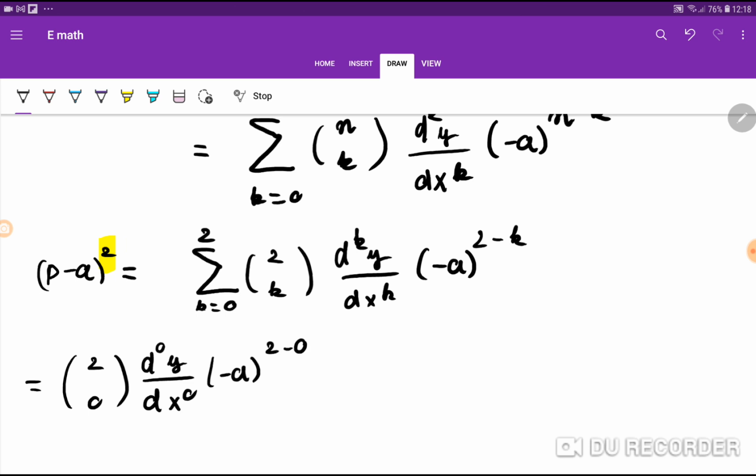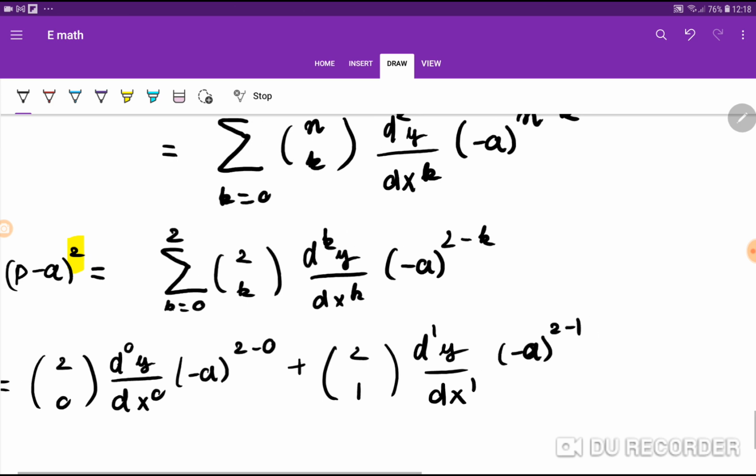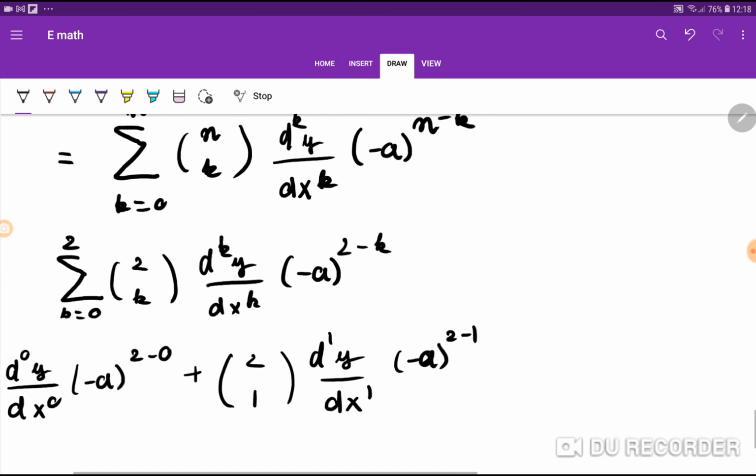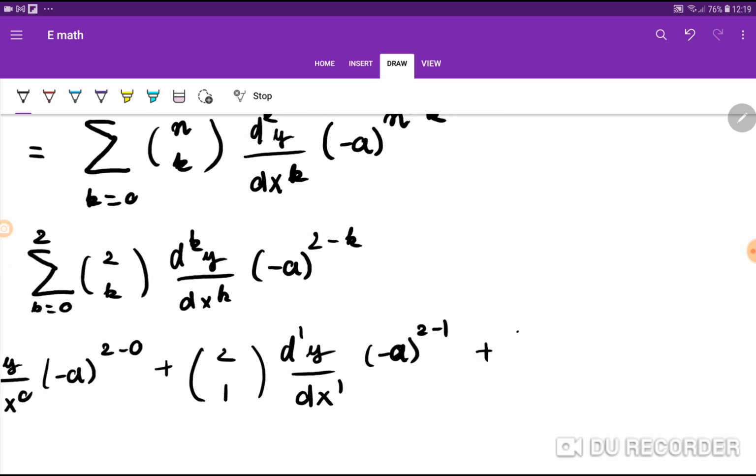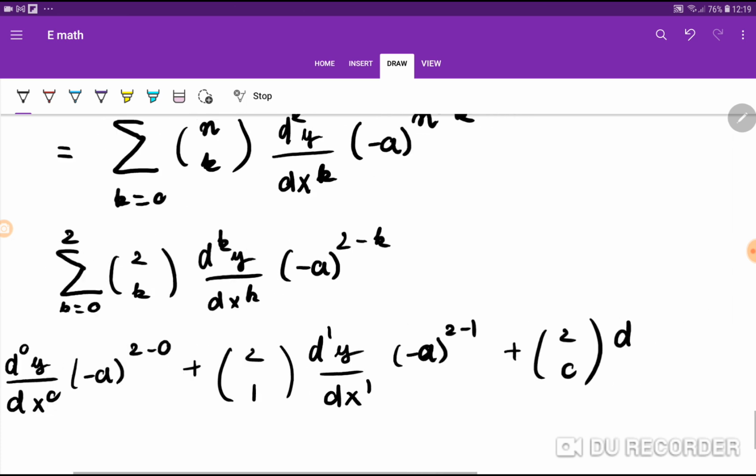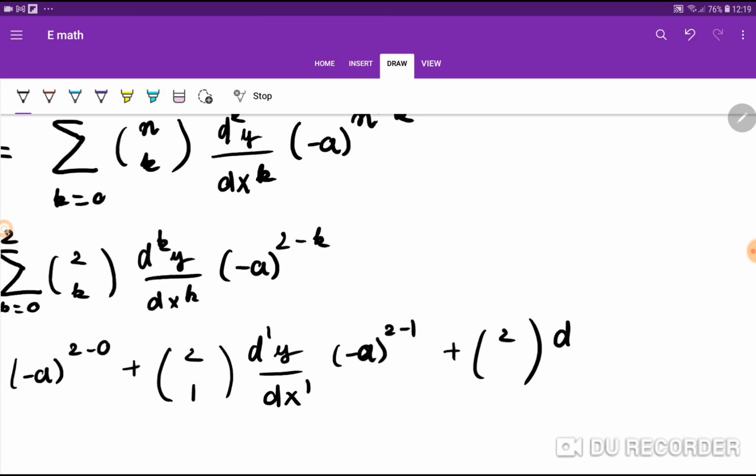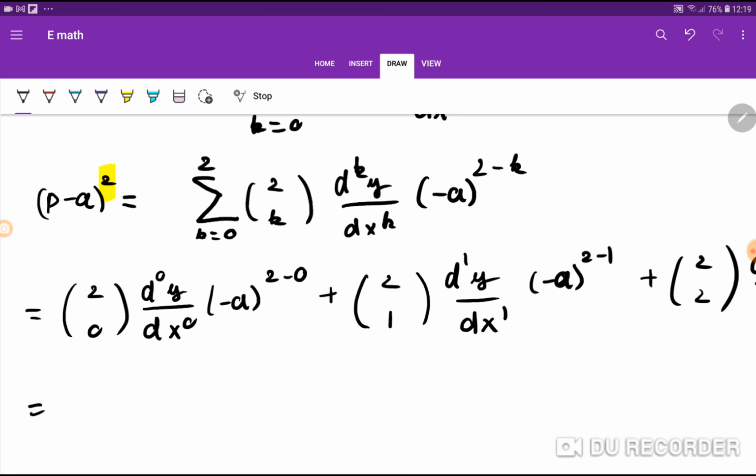So 2 minus 0, plus k equals 1, 2 minus 1, and then plus, wait, k equals 2, d^2 y over dx^2, a to the 2 minus 2.